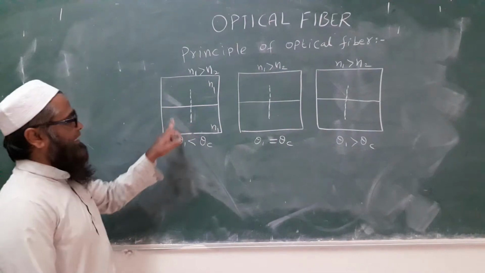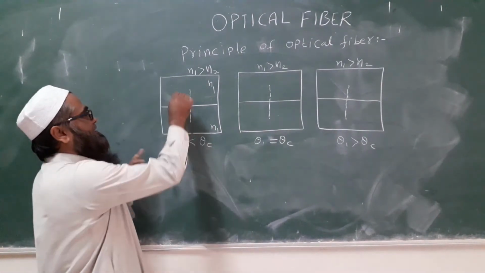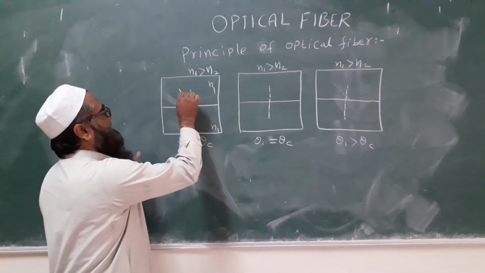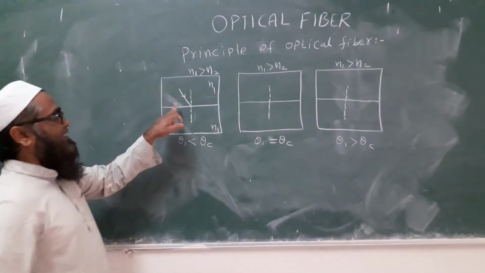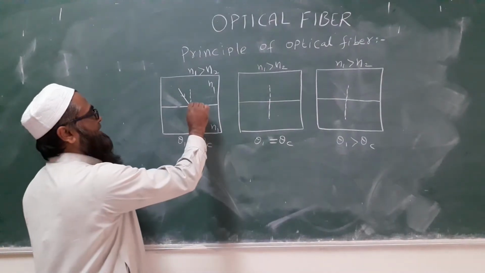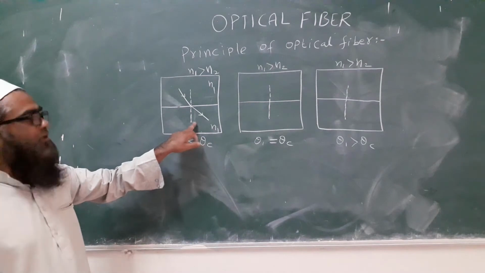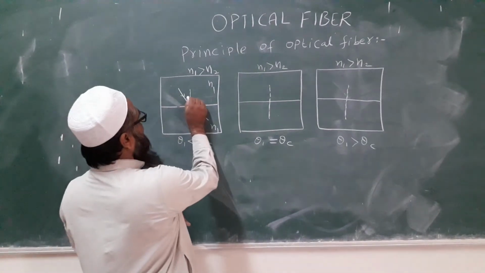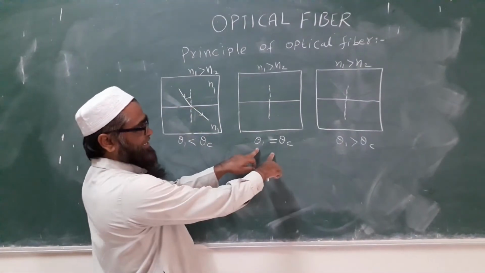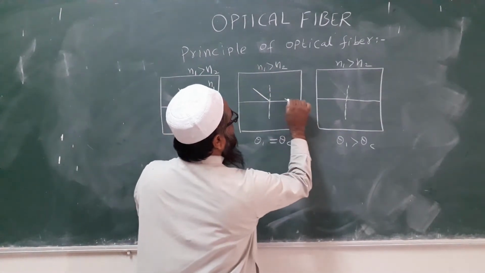Let us suppose a ray is coming with an angle less than the critical angle. Like this is the ray, it is making the critical angle. I already told you this is a denser medium, so the ray goes away from the normal. This is the diagram. Whereas if you increase this angle to equal the critical angle, then the ray passes along the interface.